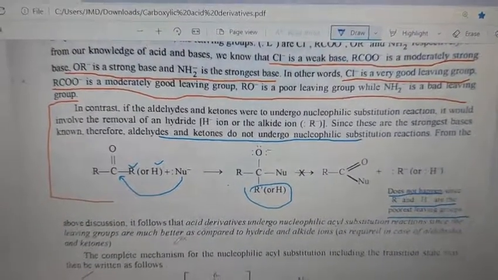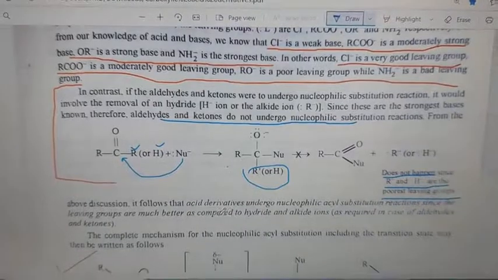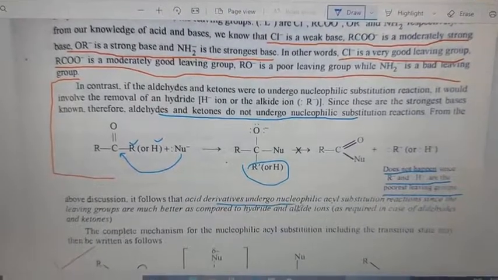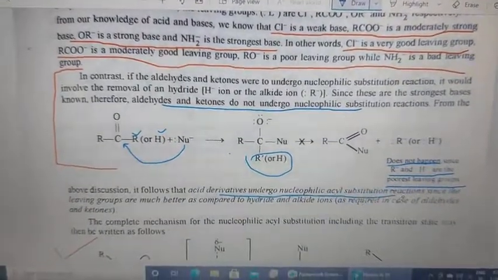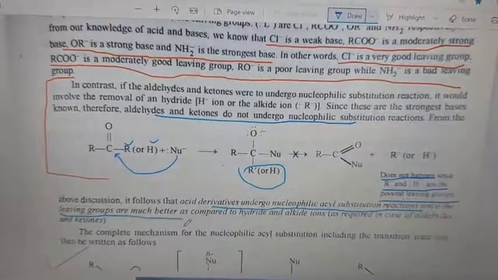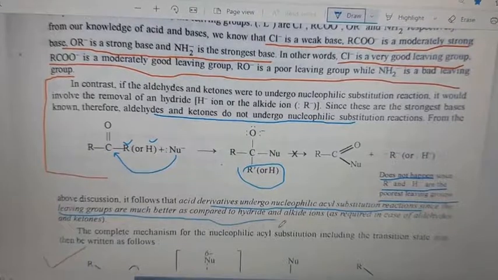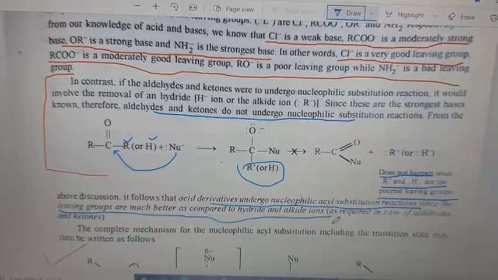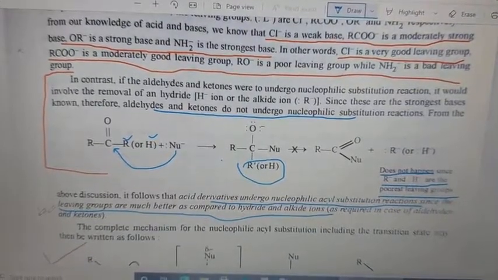From this discussion, it follows that acid derivatives undergo nucleophilic acyl substitution reactions, since the leaving groups are much better as compared to hydride and alkyl ions in the case of aldehydes and ketones.